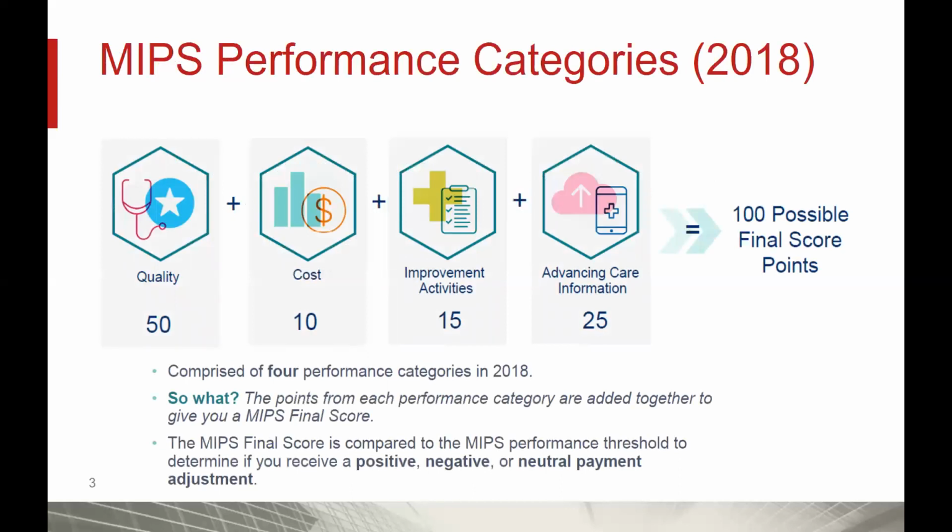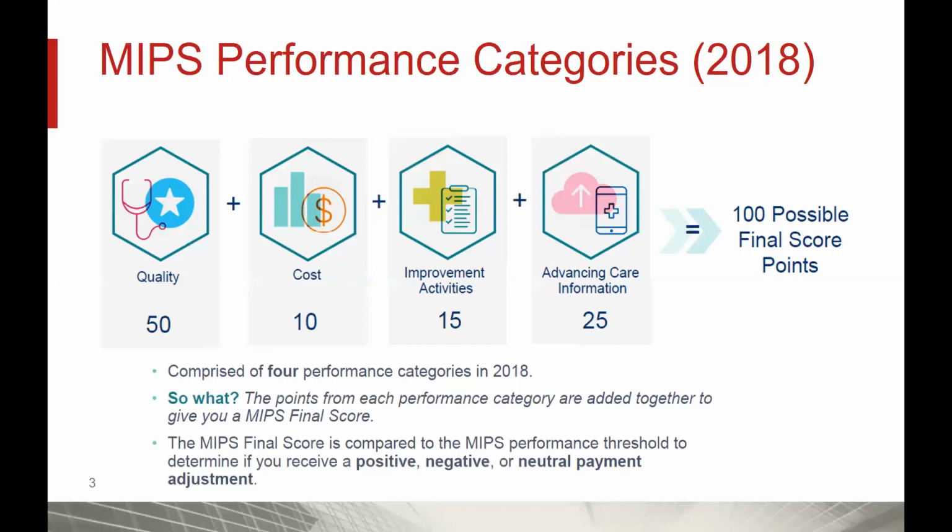So just to set the background and remind everybody about the MIPS program, as you may know, the MIPS program is comprised of 4 performance categories for performance year 2018. There are 100 possible final score points that you can earn under MIPS, and each performance category has its own specific weight or points assigned to it.